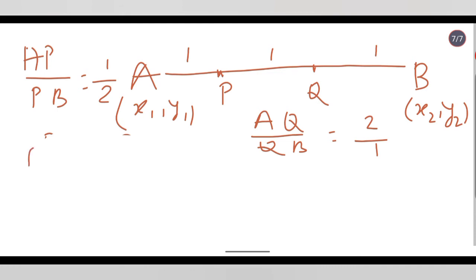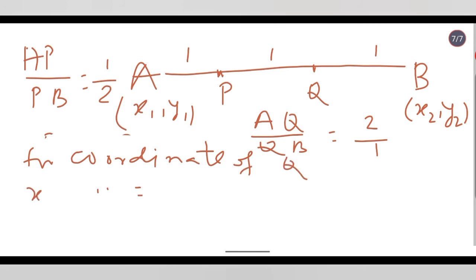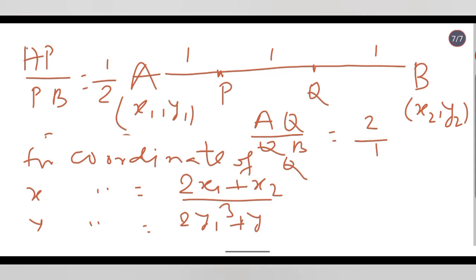So for the coordinates of Q, the x coordinate will be (2 x1 plus x2) by (2 plus 1), that is 3, and the y coordinate will be (2 y1 plus y2) by 3. Okay, it's so simple.